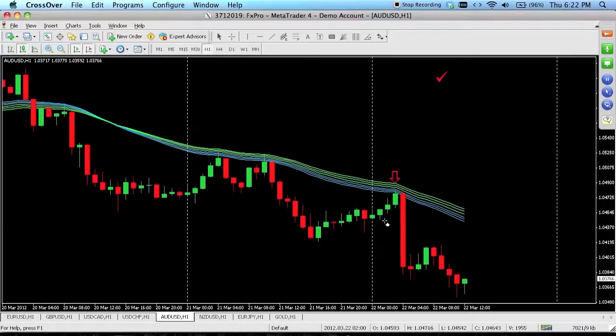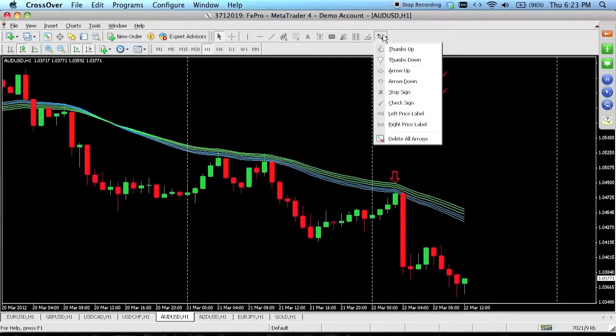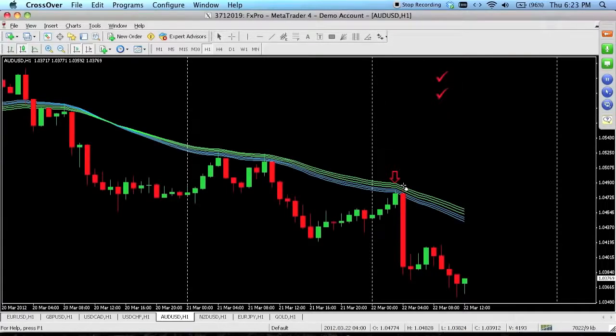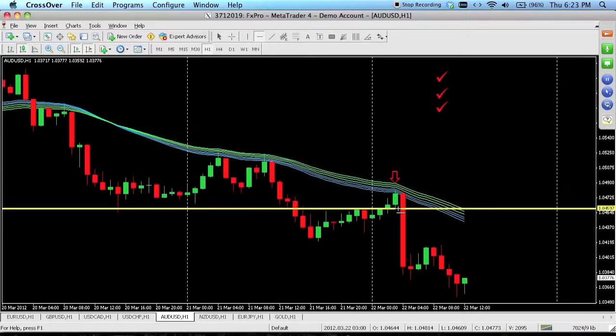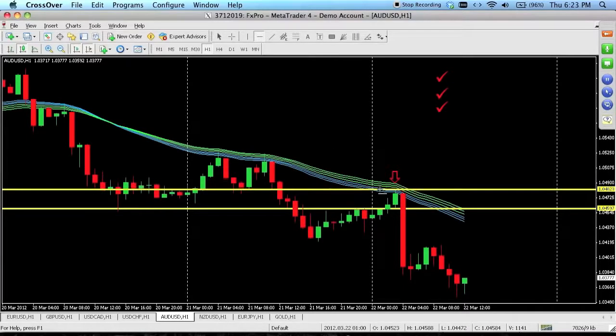We have 1, we have 2, we have 3. Check. Did we close outside of the MA onto this side? No. Check. All criteria is matched. We place our entry right here. The next candle opens. We place our stop right there.